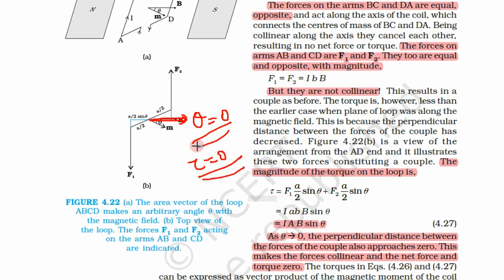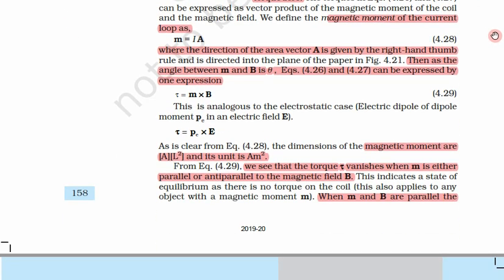When theta is 0 or 180 degrees, sine theta becomes 0 and there is no torque. Also, tau is equal to MB sine theta, so sine 0 is 0, sine 180 is also 0. In both cases, parallel or anti-parallel, the torque vanishes.